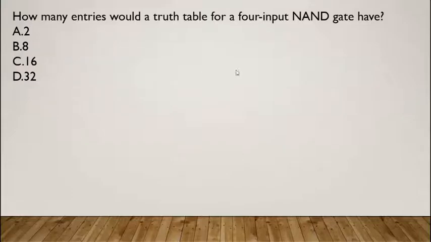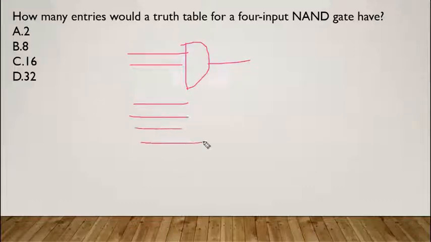How many entries would a truth table for a 4-input NAND gate have? The basic NAND gate is this, and everyone knows this. Now they are asking about 4 inputs. It would be difficult for us to calculate each and everything.